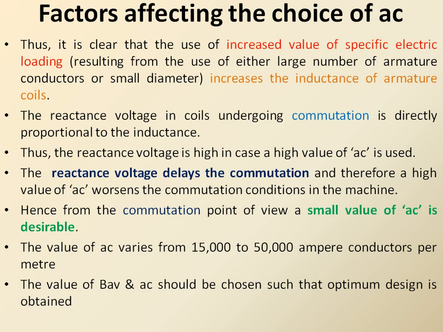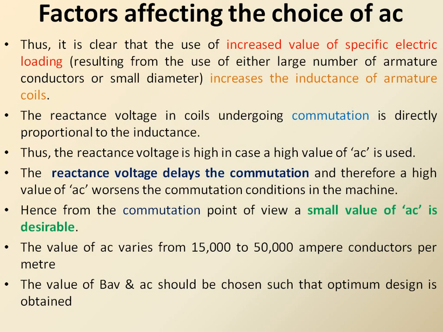So it's clear that the value of AC must be taken in such a way that it should not harm the commutation conditions of the machine. If you are choosing a very large value of AC, the large value of AC can occur either due to the large value of Z or due to the small value of D. In both these cases, the magnitude of reactance voltage will increase.